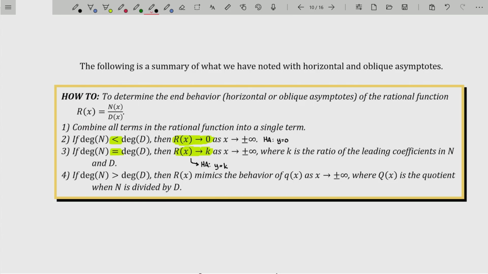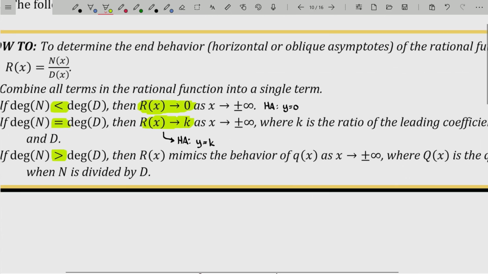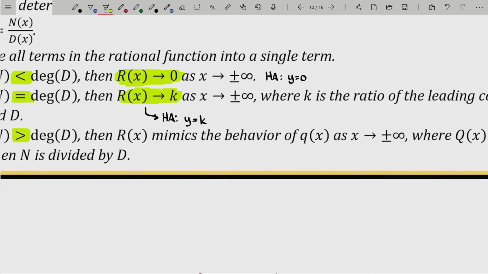And finally, our last case, which we just saw: if the degree of the numerator is greater than the degree of the denominator, then our rational function mimics the behavior of some quotient. I chose Q carefully there because it stands for the word quotient.